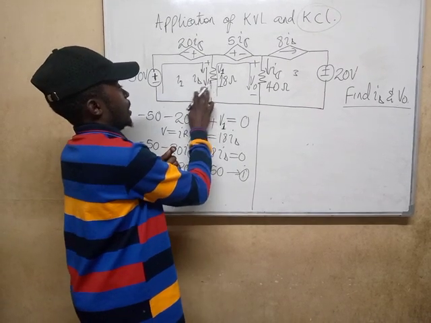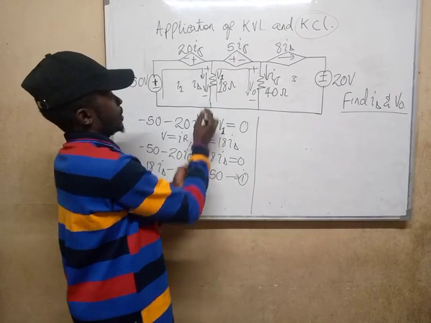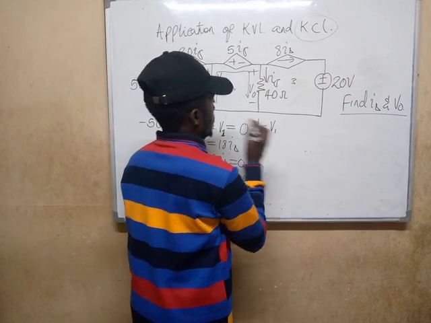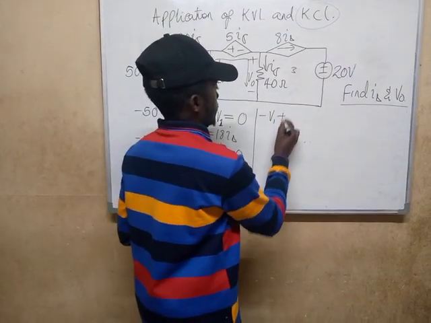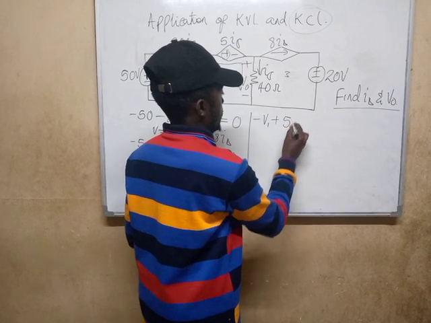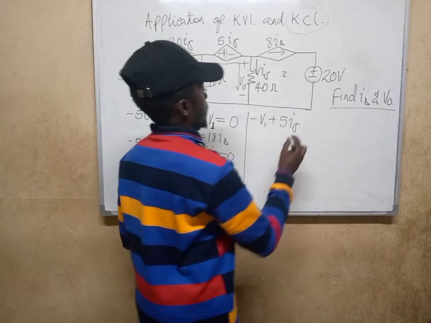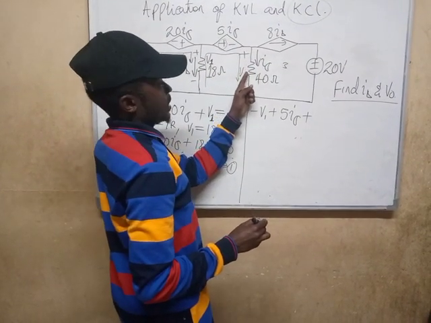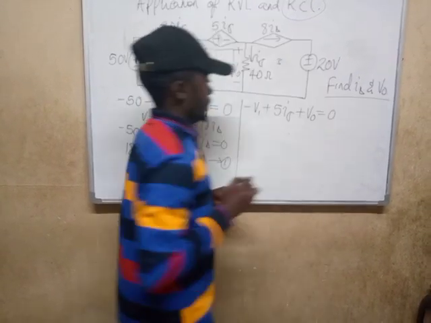So the voltage across this, according to KVL, I have negative V1, that is the voltage across the 18 ohms, plus the first sign is positive, so I have 5 I sigma, plus I have the voltage across the 40, which is VO, equals 0.